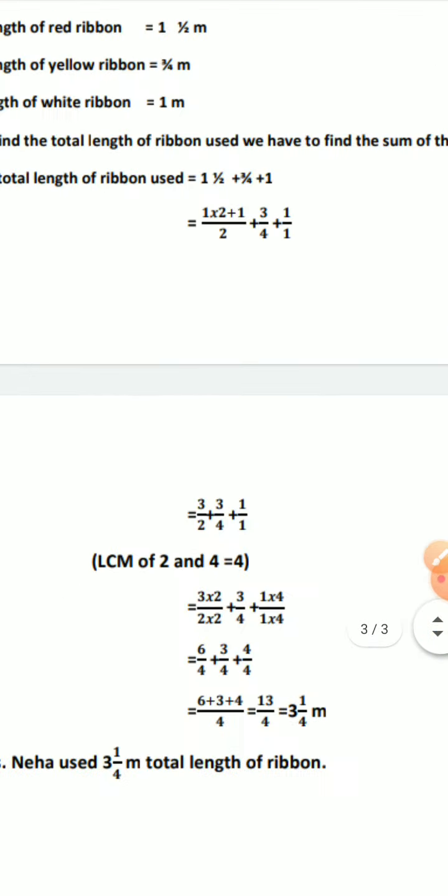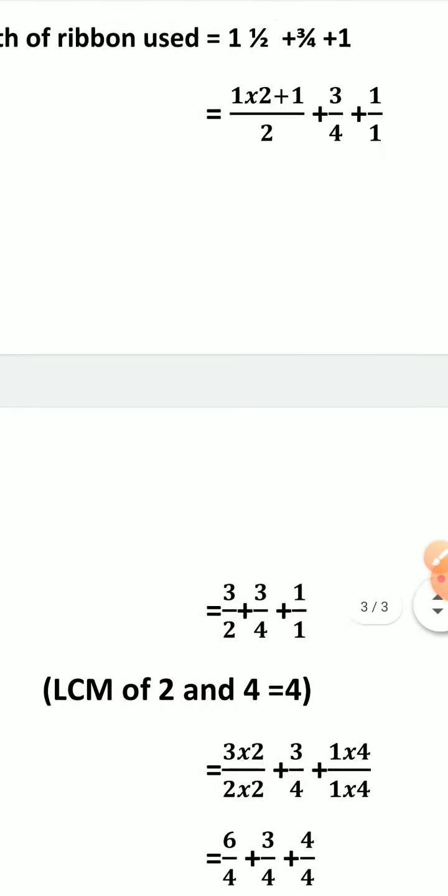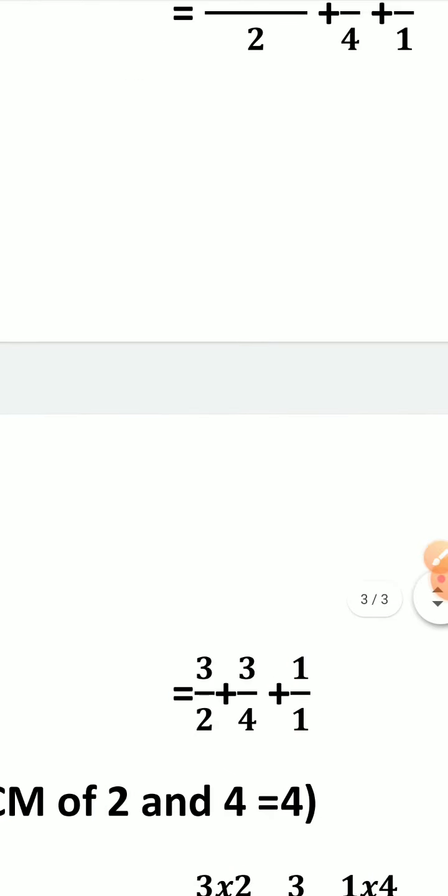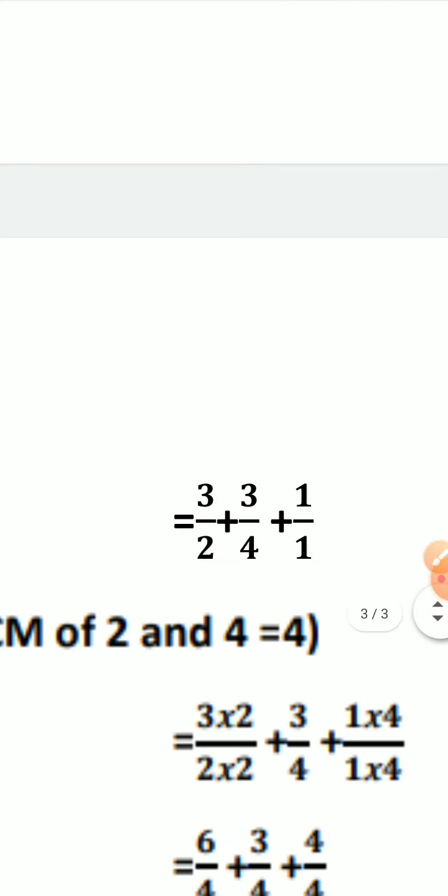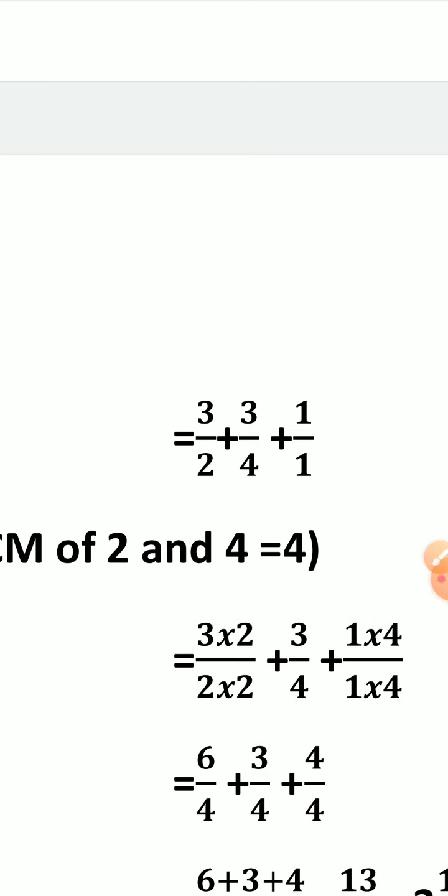And then we add. Now you see how we add. This is 2, 4 and 1. Now 3 by 2, 2 in denominator. So just multiply 2 by 2. Then you will get denominator 4. So you have to multiply the numerator also. So 2 2s are 4 and 3 2s are 6.